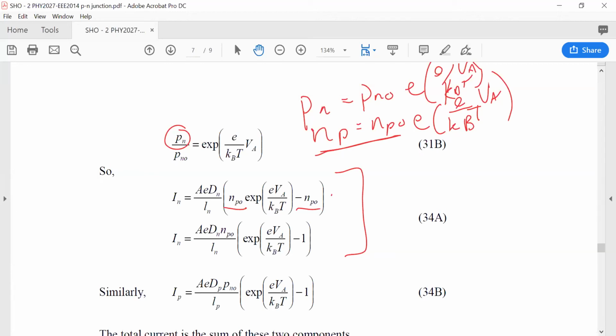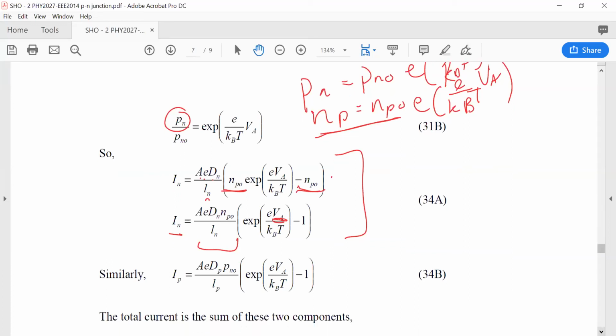These are all constants: the area, the diffusion coefficient, the distance of the bulk. And now we're taking out np0 as well, because that's also a constant. You can see then that you've got an electron current related to a bunch of constants and then exponentially dependent on the applied voltage, minus 1. And hopefully this is now looking a little bit more like Shockley's equation.